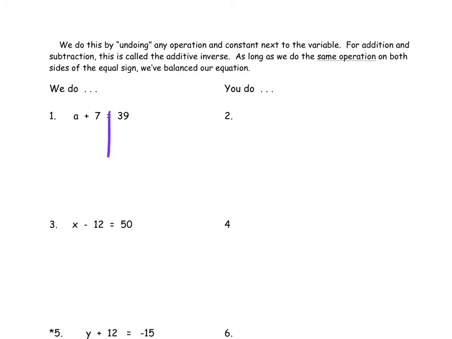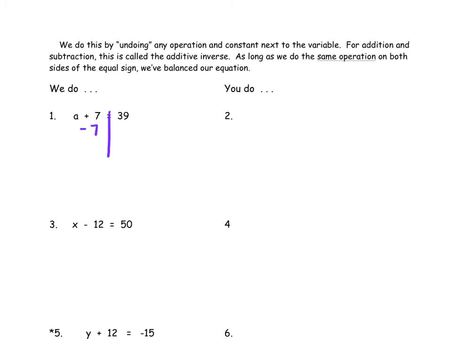So if I look at what I'm given on the left side, I have a, the variable, plus 7, the constant. And it says I'm going to undo any operation by using the inverse. An inverse is opposite. So I want the a by itself. I just want a on the left side. So if I have a plus 7, or I can look at it like it's a positive 7, I'm going to use the opposite, which is minus 7 or negative 7.